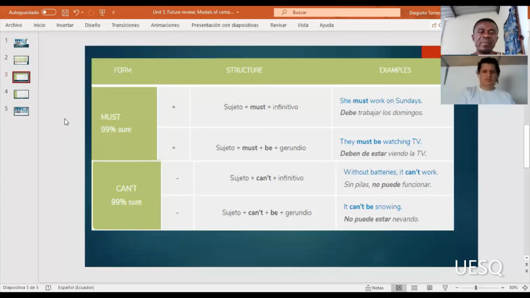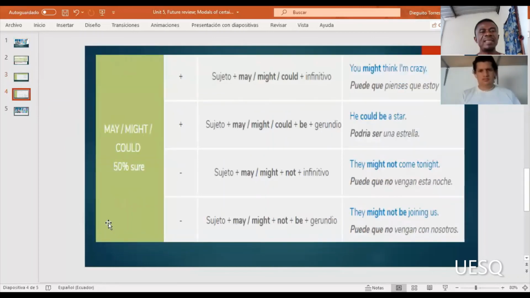Those are examples. Then we went to further examples with other forms of the modal verbs, like might, as you might see in the other slide. We use the subject always; you choose which one you like: I, you, he, she, they, we.